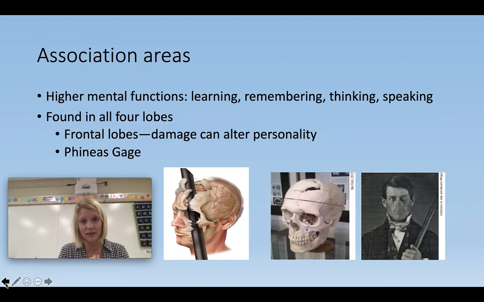And really, it is the most famous case study of damage to the frontal lobe, this guy on the very right named Phineas Gage. Now, Phineas Gage, and you'll listen to it in the video, was a railroad worker, and you can see this picture right here, a railroad spike went through his head, almost through the eye socket and out.